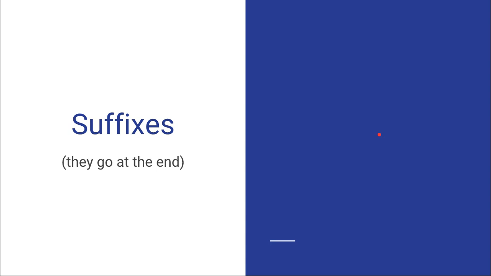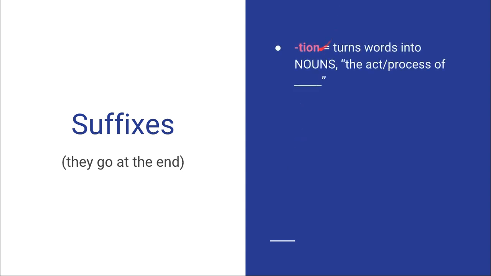All right, let's go on to suffixes. And all three of our suffixes that we're doing this unit change the part of speech of a word, okay? And they do it in certain ways. So our first one, tion, it turns words into nouns, all right? Remember, nouns are people, places, things, ideas, okay? And it means the act or process of something, okay?